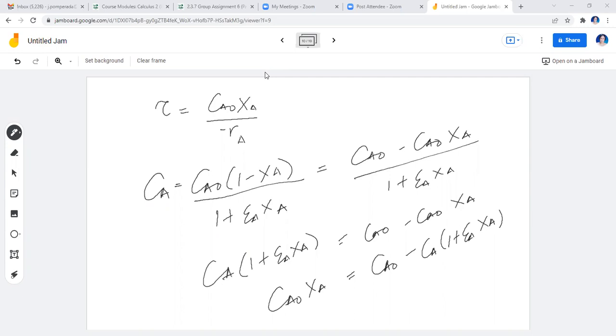So if the problem says gaseous, even if it does not say constant pressure or varying volume, you should never ever forget to account first for epsilon A. Because once you have determined epsilon A, you know that your formulas will have to consider it. It should not be forgotten. But if you have already forgotten epsilon A, everything that you're going to do, no matter how right it is, will be wrong because you failed to consider it.